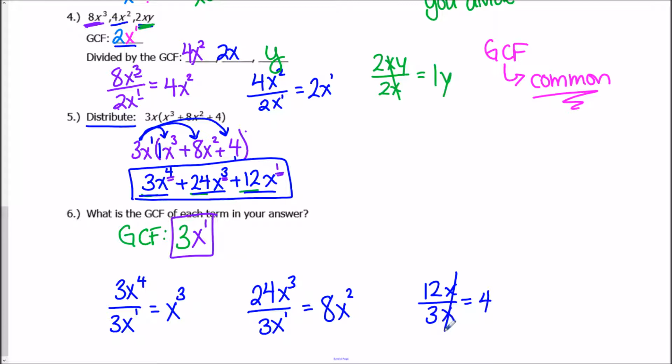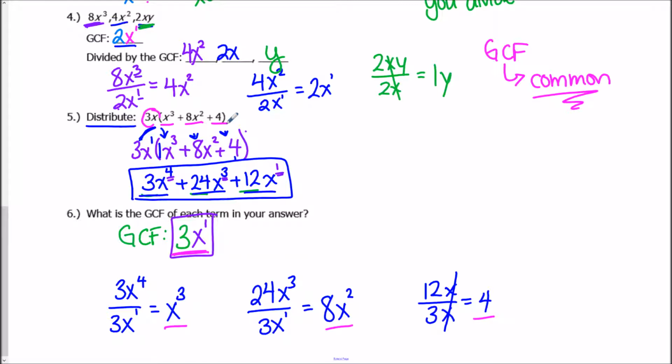So based on that, we should notice something interesting that happened here. Right here, our GCF was 3x, and if you look at your problem right here, there's a 3x right there. Okay? Then, if you notice, all of our terms were x to the power of 3, 8x squared, and 4, and that's what we have inside of here.